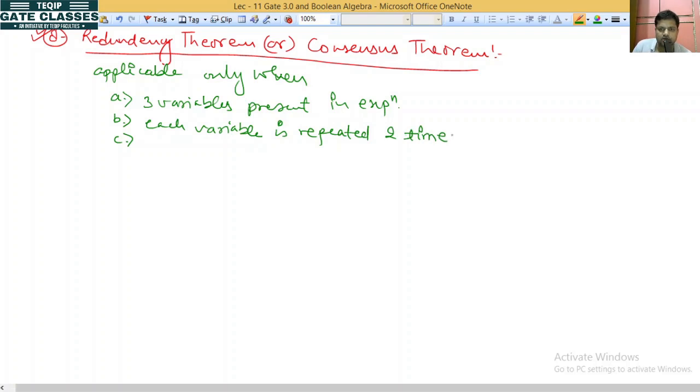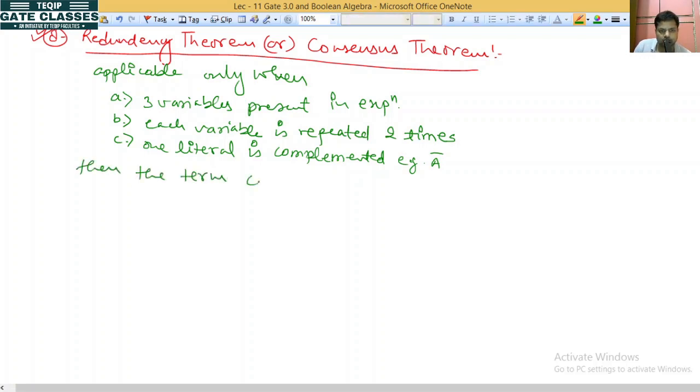So each variable is repeated 2 times, and one literal is complemented, in complemented form. Okay na? For example, A bar, this one. Okay. Then the term that contains neither A nor A bar will be redundant.